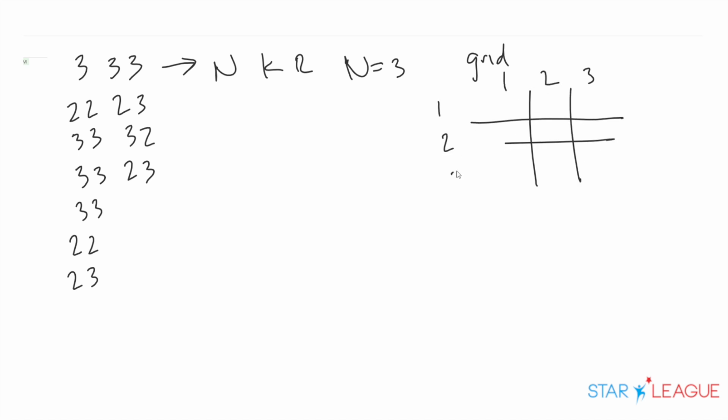N is the size of our grid, so in this case, n equals 3. So our grid is a 3 by 3 grid. Our second number, k, represents the number of cows we have. Our third number, r, will represent the number of roads that we have in our grid.